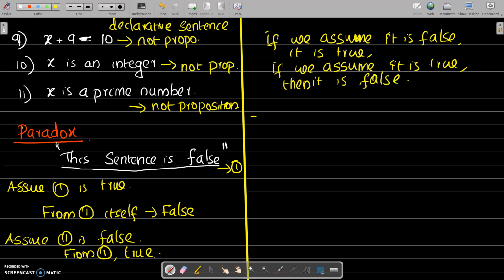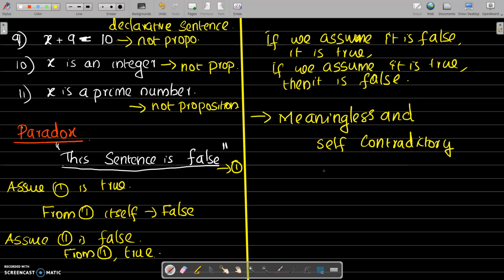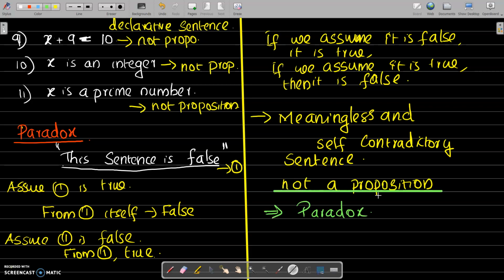So this is a meaningless and self-contradictory sentence. So this is not a proposition. It is a paradox.